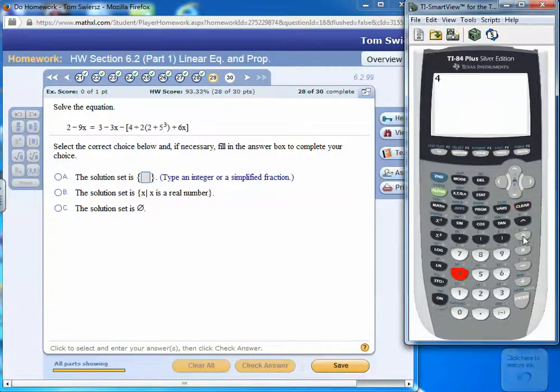4 divided by 2, then the quantity 2 plus 5 cubed. So that part right there is 254.